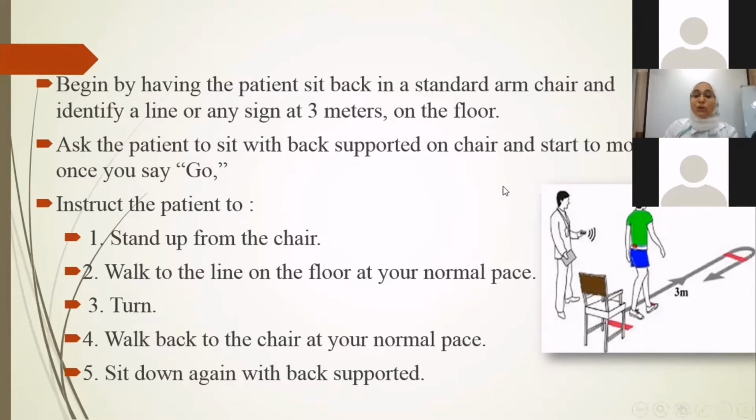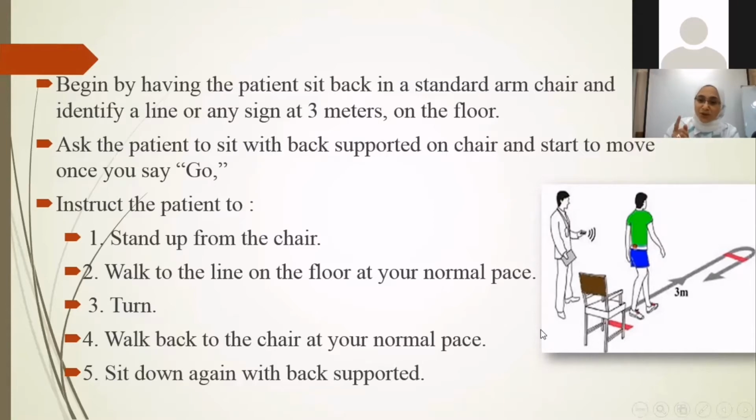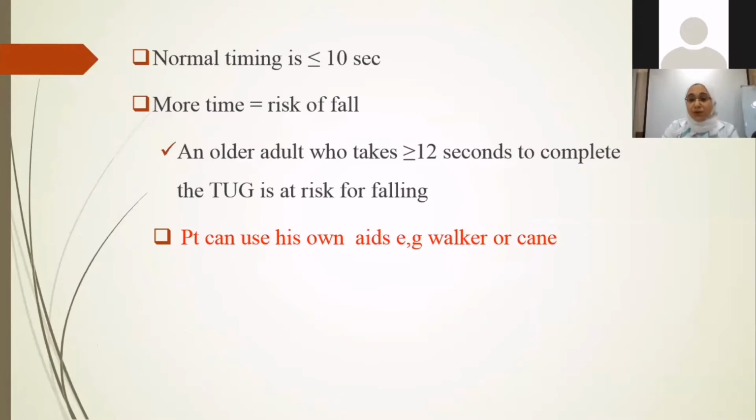So we will calculate the time once the patient starts to move, from sit to stand, and then go, turn, walk back, and again sit with back supported. Normal timing for all patients is 10 seconds or less, maybe 7 or more, but for Parkinson, old age, 10 seconds will be accepted for them, but more than 12 seconds is considered a risk of fall.